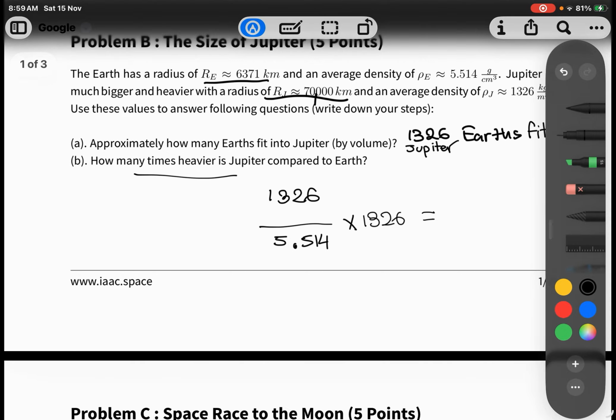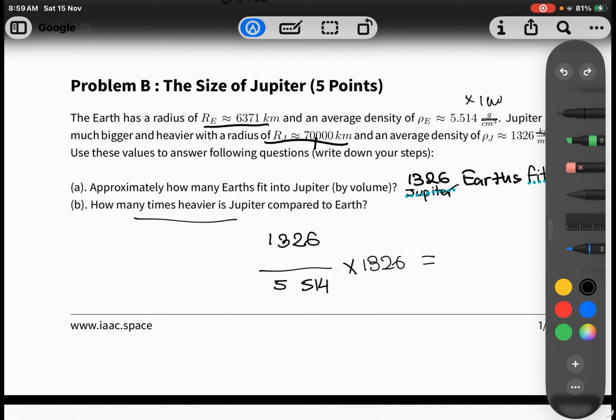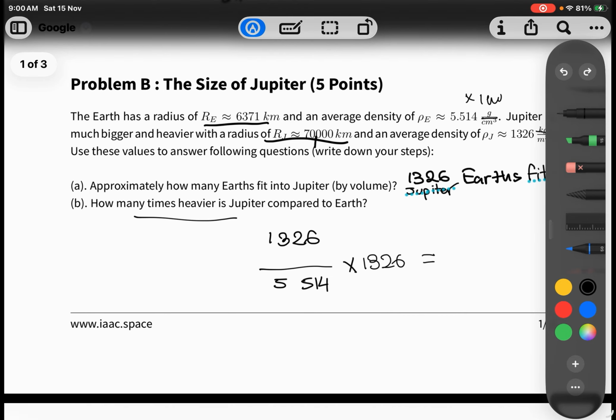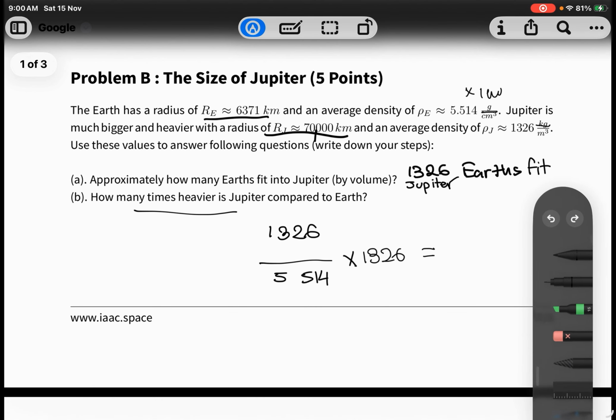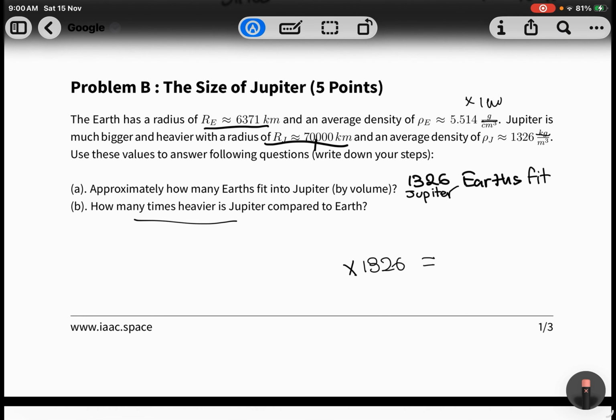So I'll just put that in my calculator. 1326 by 5.514. Oh, actually, wait. Since this is in kg and this is in grams, we can multiply this by 1,000. So we get 5514, in kilograms. Oh wait, it's in meters cubed as well. I should have probably removed this here. We keep it like this. I'll just read this question.